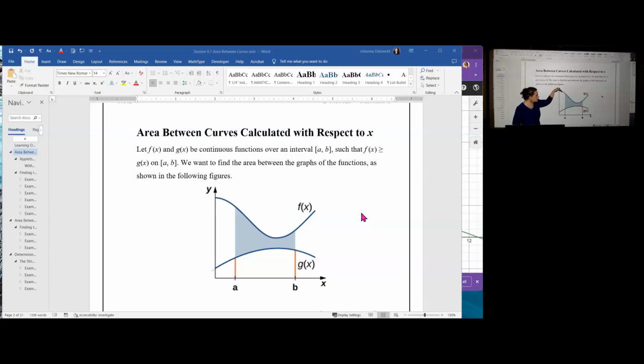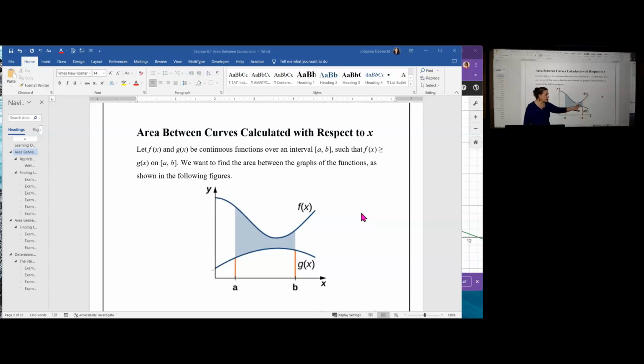In other words, the y values on the function f are all greater than or equal to the y values on the function g, which you can see here. The interval from a to b can be selected and cut off with a vertical line at x equals a and a vertical line at x equals b.